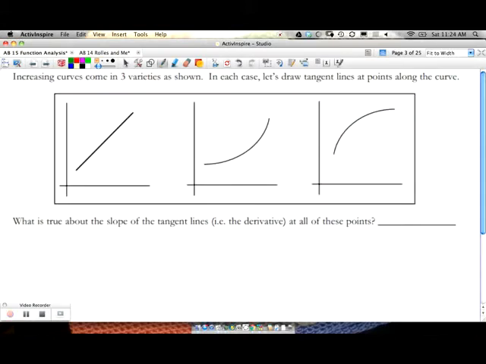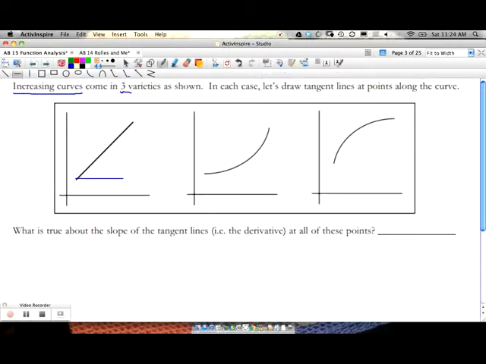So let's look at increasing curves in particular. These are all increasing curves, and there are three different ways that we can have it. We can have it just perfectly straight, a diagonal line. Or we can still have, even though this is increasing and this is increasing here, it bend in three different ways.